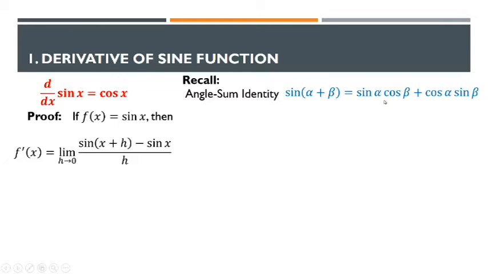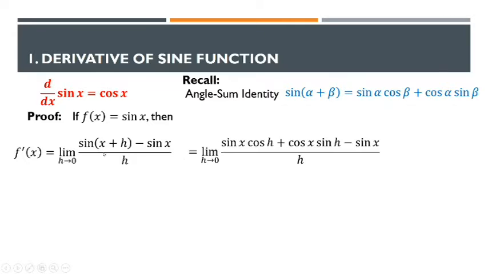So this is yung mas tanda natin, sine cosine cosine sine of alpha and beta. So we have the limit of yung angle sum would be sine x cosine h plus cosine x sine h, all over h, minus sine x all over h.